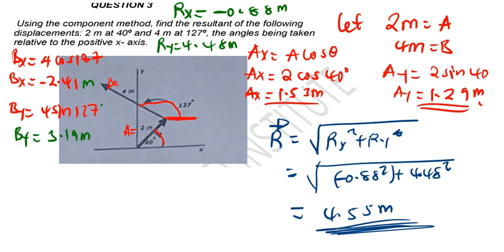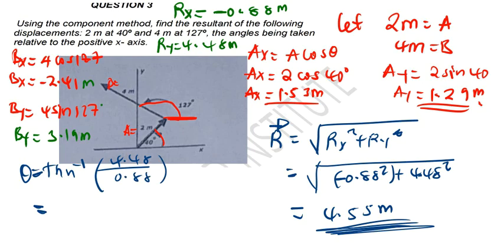The direction. We have concluded that it's in the second quadrant. So theta will be equal to, I told you, ignore any negative you are going to see. So Ry is 4.48 divided by 0.88.